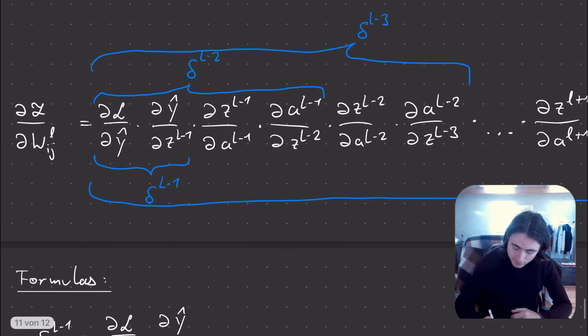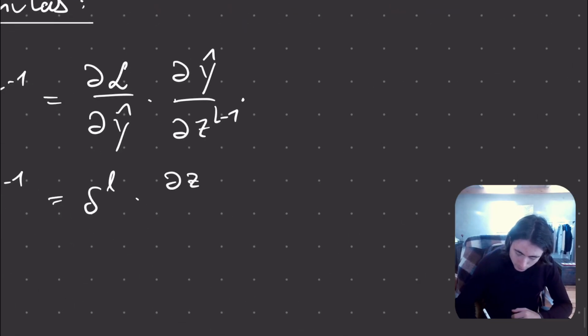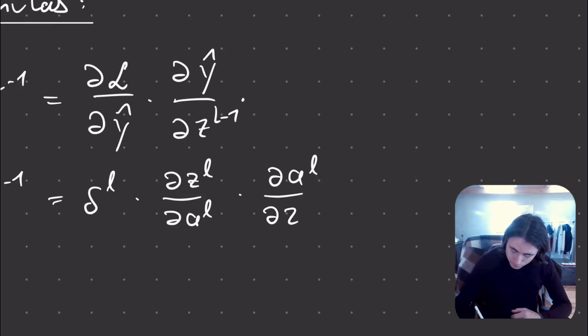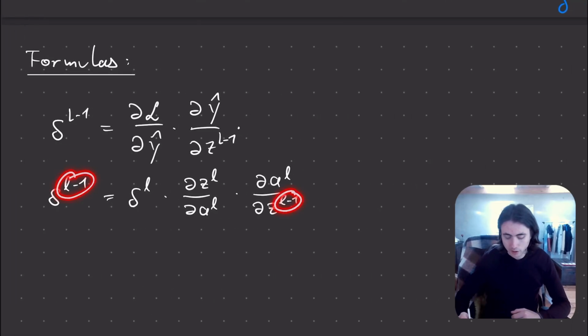So notice that the index of the Z here is the same as the new delta we want to define. And so we are starting with the previous Z, we take its partial with respect to AL, and then we multiply it with the partial of AL with respect to ZL-1. And now the index of our Z here is the same as the one of our delta.